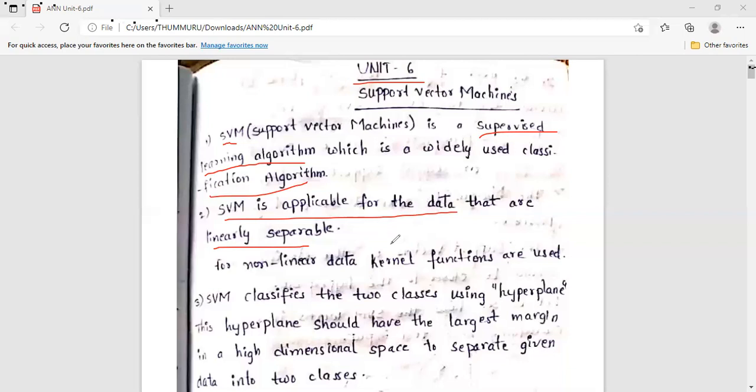classes. Clear? But until now we have learned many binary classification techniques in artificial neural networks, isn't it? In the third unit, we have learned single layer perceptron.